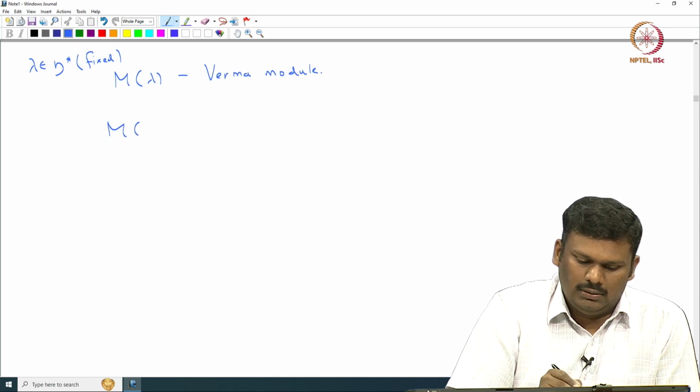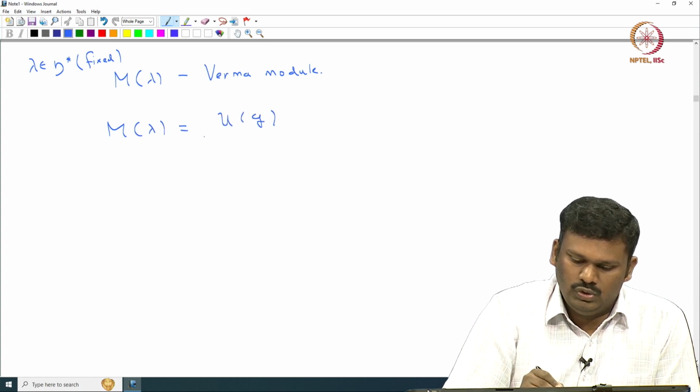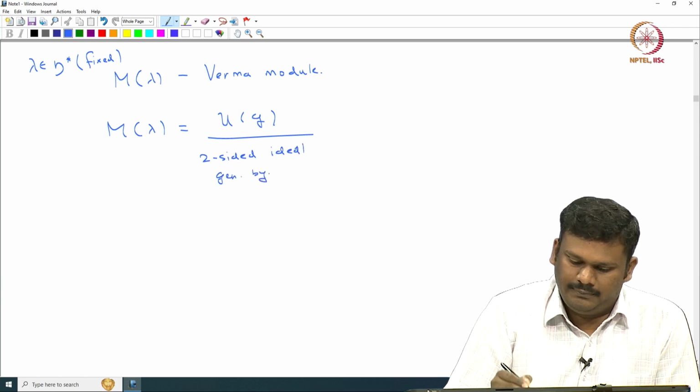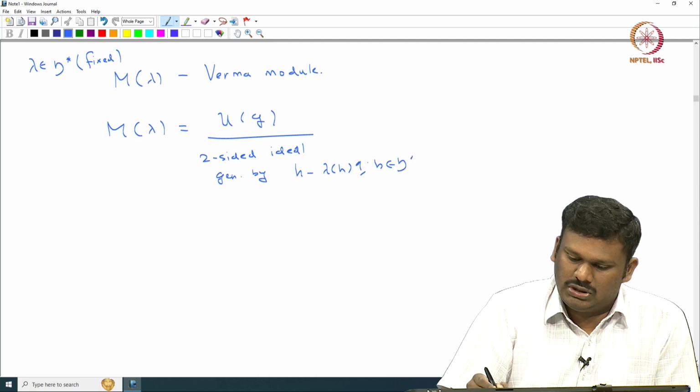Recall that by definition M of lambda is defined as U g modulo the two sided ideal generated by h minus lambda of h, where h comes from the Cartan subalgebra, and x, where x comes from n plus.